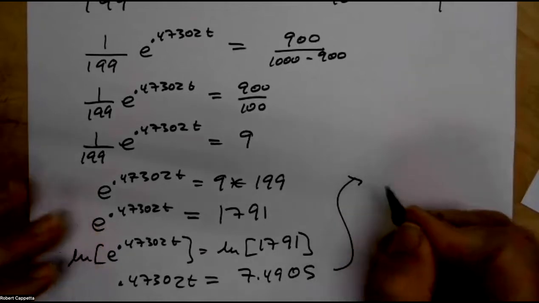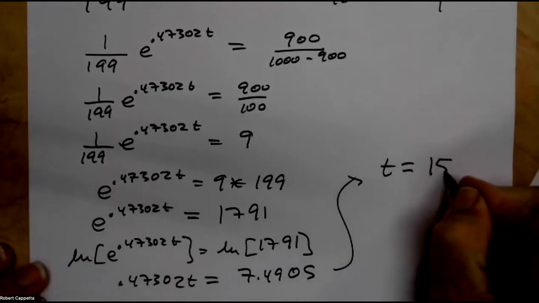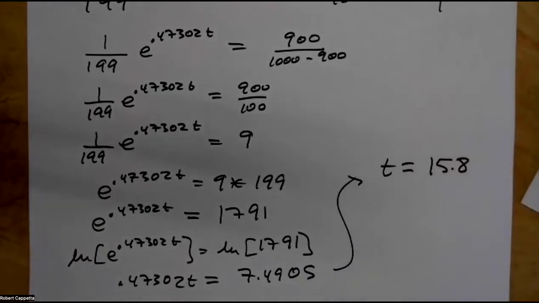Dividing both sides by 0.47302, what does that give me? An answer about 15.8. So to get to 900, it's going to take, if we're thinking days, about 15.8 days, from 0 to 5, and then eventually to 900 by the time we get to 15.8.